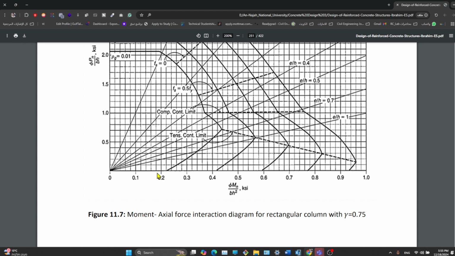Every square is 0.02: 0.02, 0.04, 0.06. So it's the third square from 0.2, like here in the first square, about 0.023 or 0.022, it does not matter.